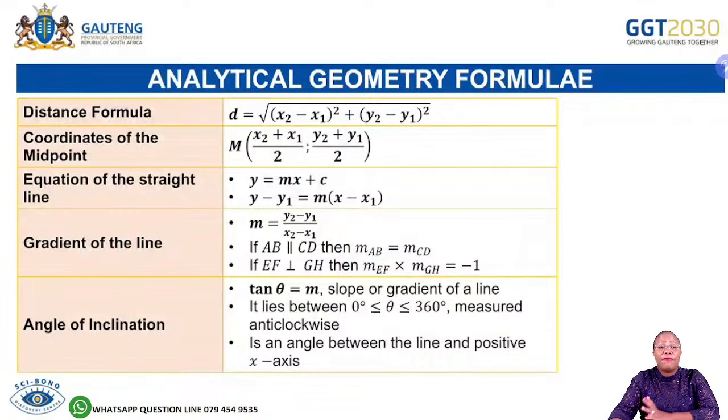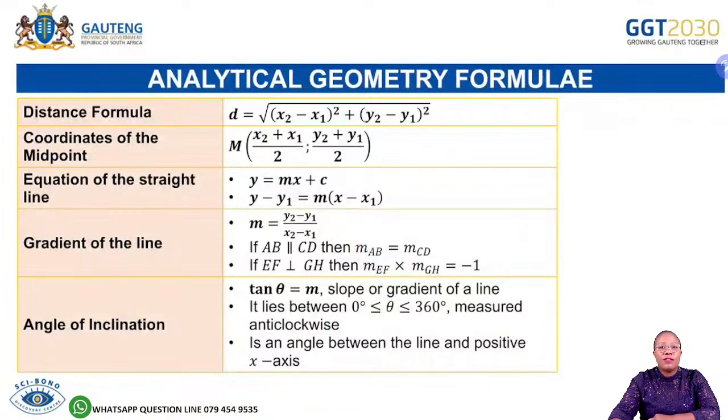Now we have specific formulae that we are applying under analytical geometry, and these formulae, grade 12, you will find on your formula sheet at the back of your question paper. Please double check before you note down any formula that it is correctly copied from the formula sheet.